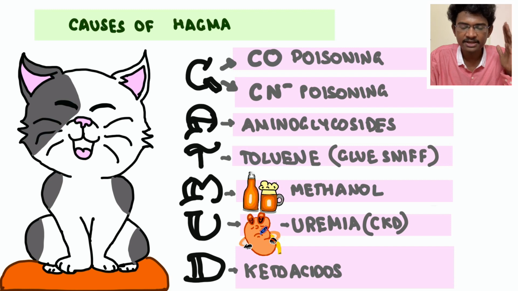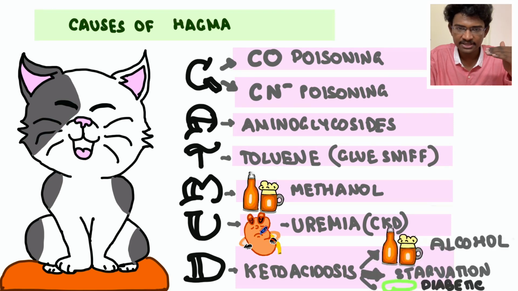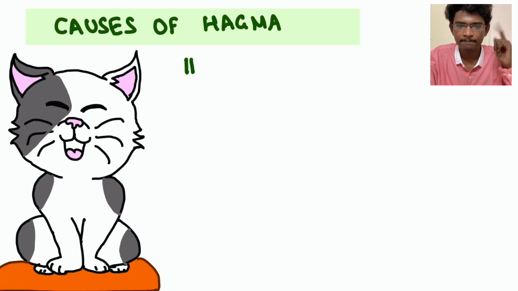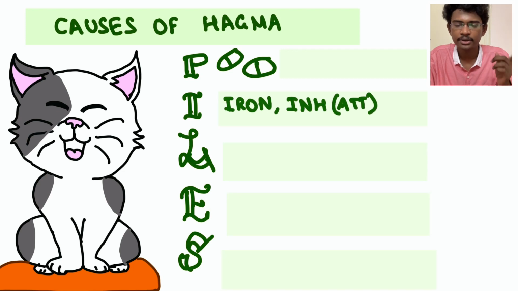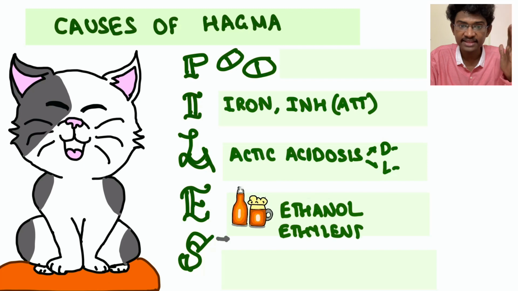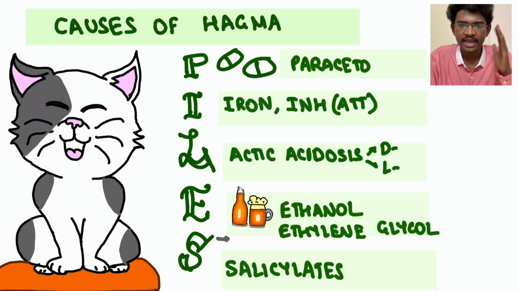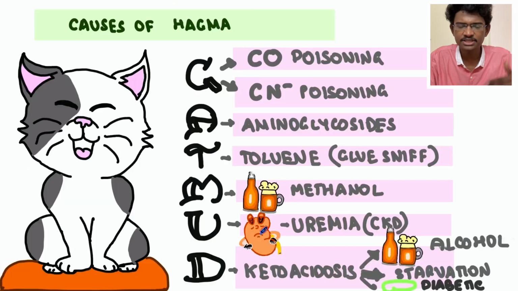D: diabetic ketoacidosis. Ketoacidosis can also be seen in alcoholics as well as diabetics, and starvation ketoacidosis. Next, PILES. P for pills like iron or INH, an antitubercular drug. L for lactic acidosis. E for ethanol and ethylene glycol toxicity. S for salicylate toxicity.